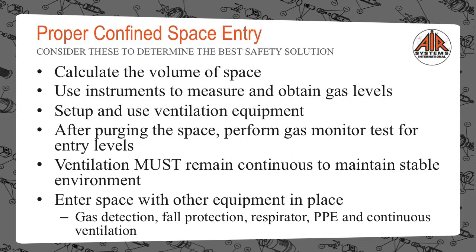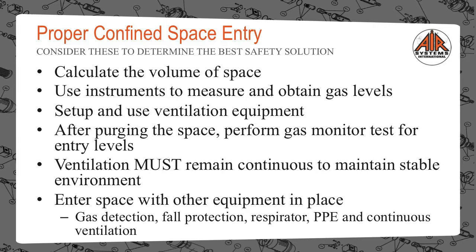To recap, we've determined what a confined space is, learned how to evaluate it, and how to use the evaluation to select the proper equipment. Now let's put it all together and look at some of the accepted procedures to include in your development of a confined space program, specific to your needs as referenced in OSHA 1910-146. First, calculate the volume of space using the dimensions from the confined space evaluation.